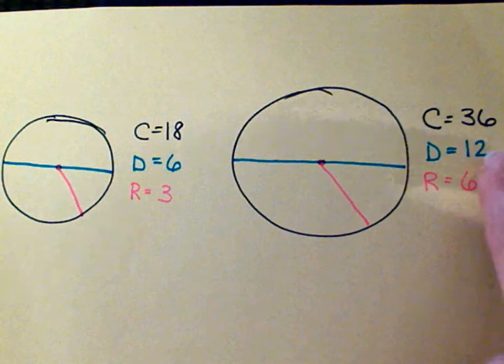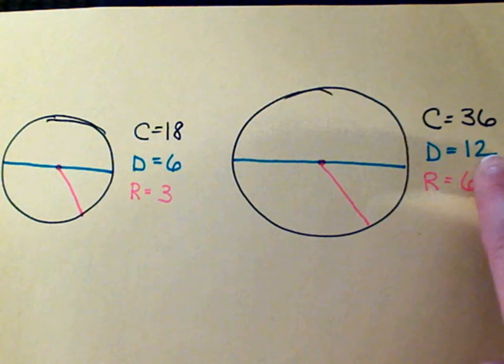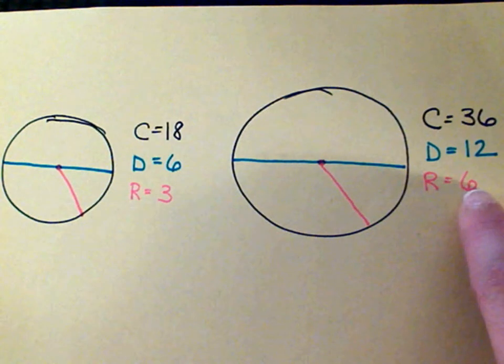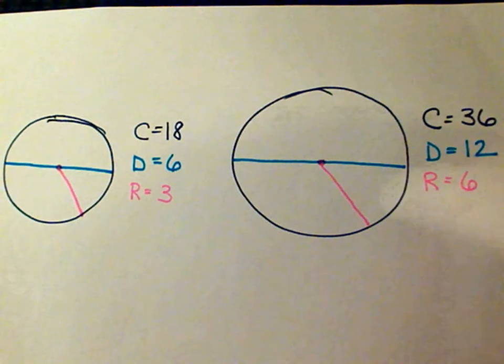So if we go back to our first circle, we notice 6 and 18. Well, 6 times 3 gives me 18. Then we looked at our radius. 3 times 6 gives me 18. Okay? So at first we're thinking maybe it's a flip-flop of the two. Well, then we go over here and we think, okay, our numbers got bigger. 12 times 3 is 36.